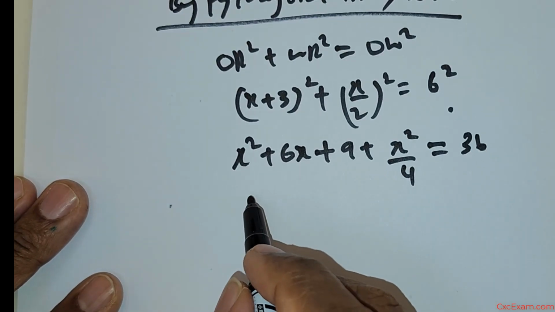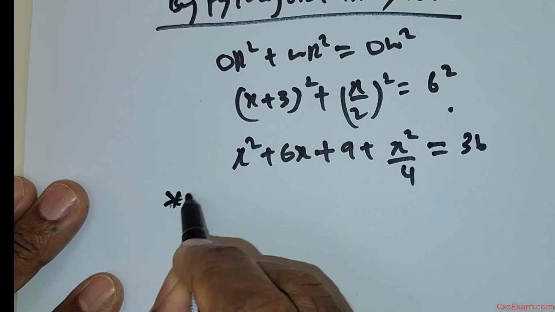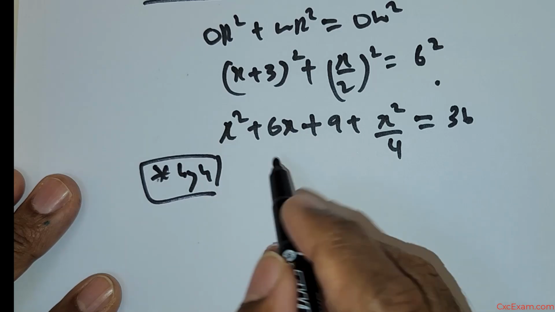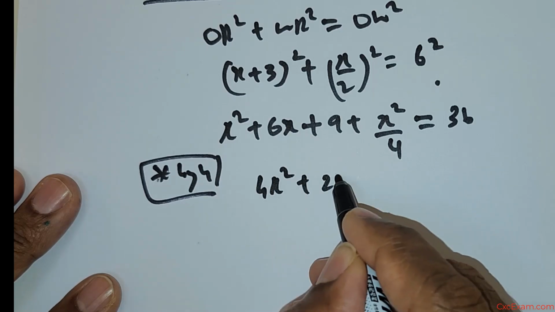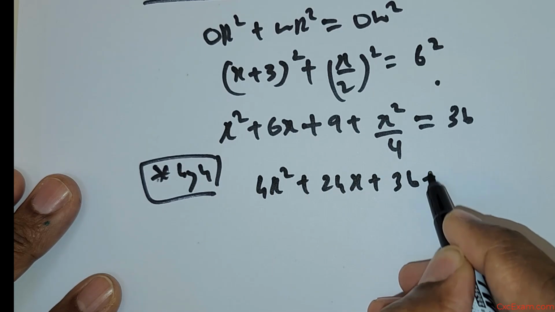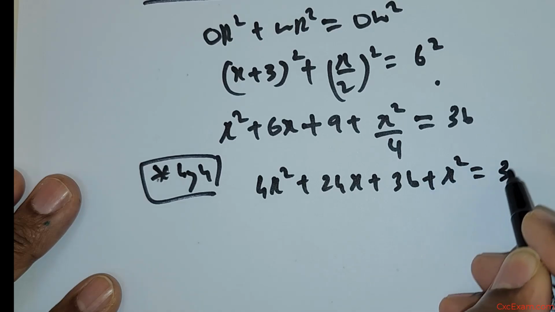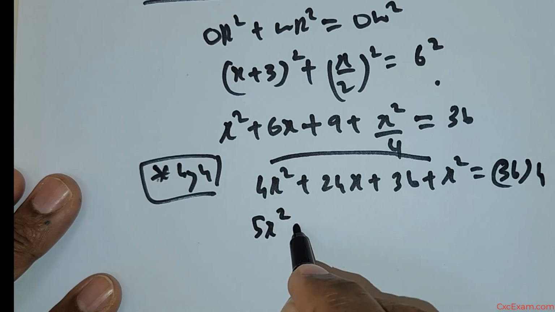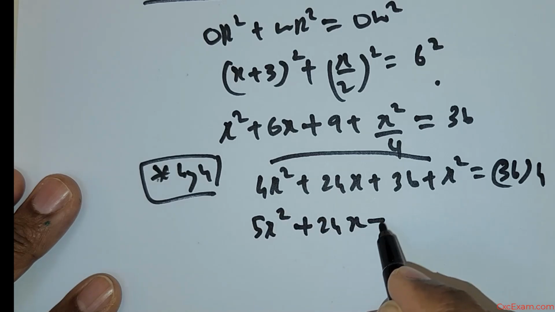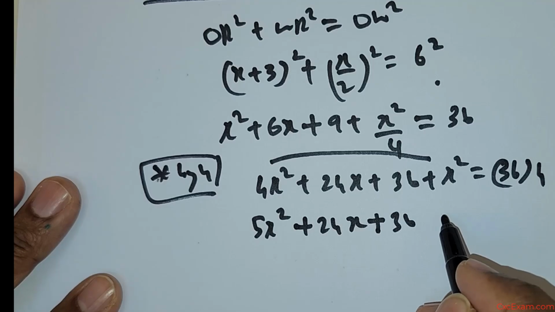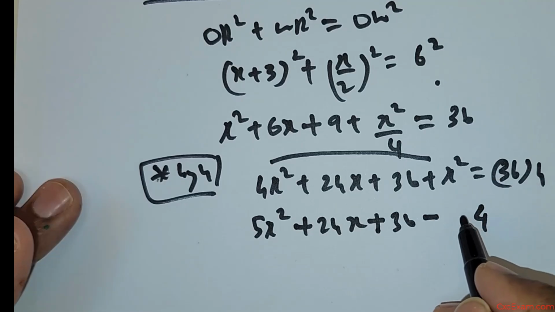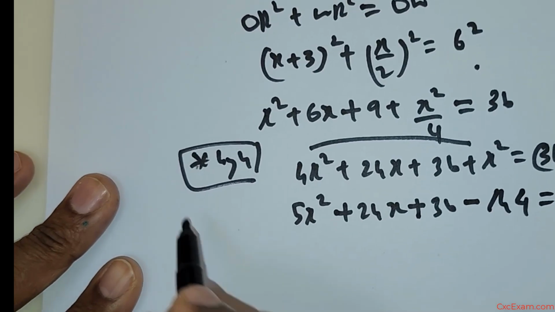Now we can multiply by 4 throughout, right? So that would give me 4x squared plus 24x plus 36 plus x squared is equal to 36 times 4. These two can be added. You get 5x squared plus 24x plus 36 minus 4 times 36, which is 144, is equal to 0.